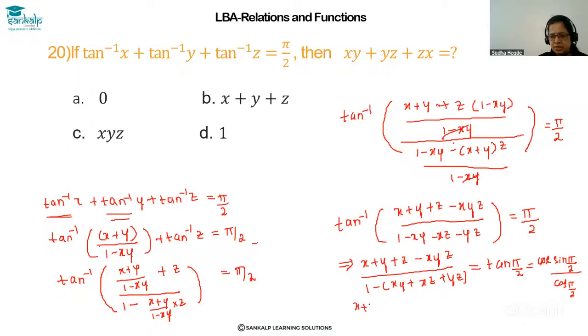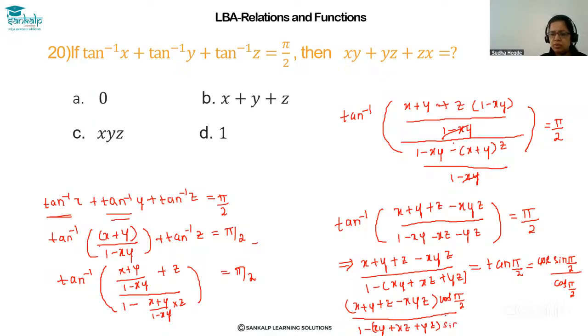So x plus y plus z minus xyz multiplied by cos pi by 2, whole divided by 1 minus xy plus xz plus yz, is equal to sin pi by 2. Next step you can substitute pi by 2.